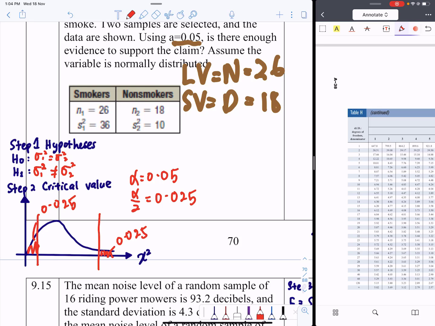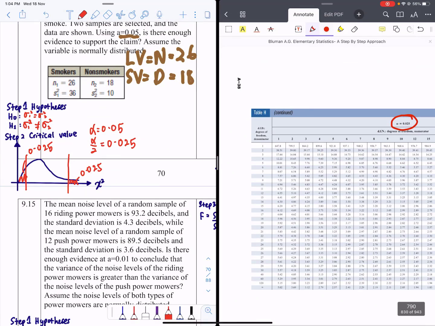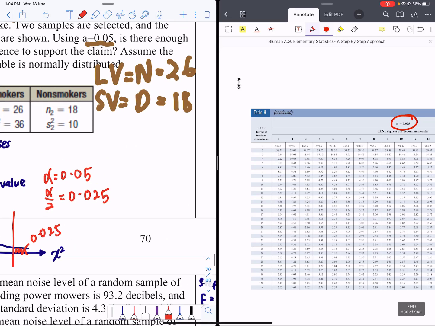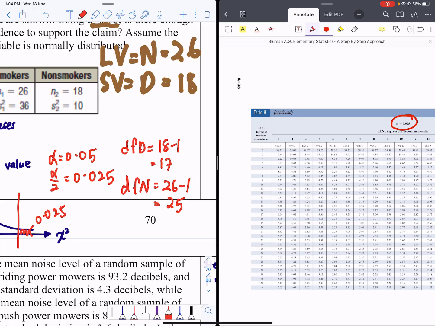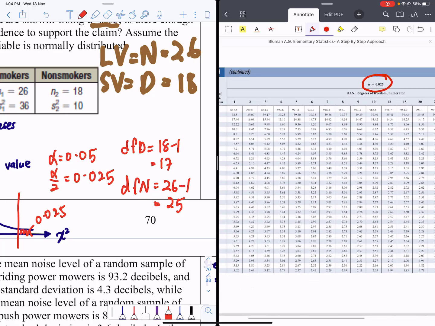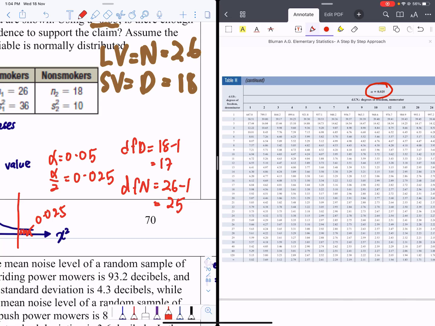What to use here? Then we go to the table. Sorry, we need to understand the degrees of freedom first. DFD equals 18 minus 1, 17. DFN equals 26 minus 1, equals 25. Now you use alpha 0.025. DFD is 17.